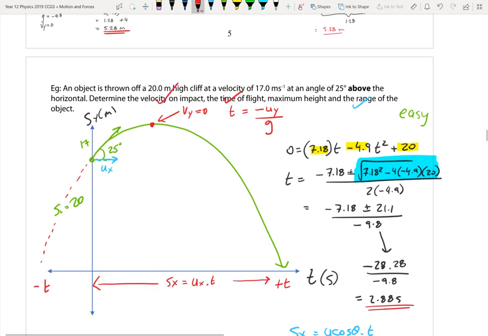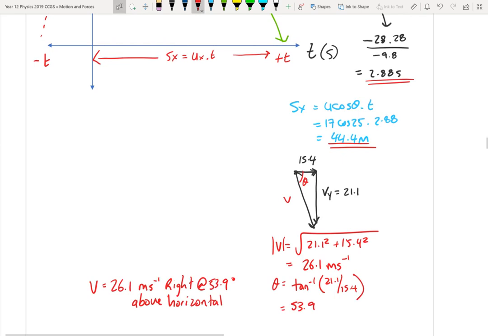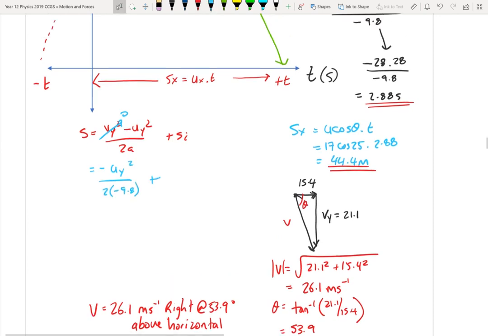And lastly, the maximum height. Well, I'm going to just go S equals Vy squared minus Uy squared over 2A plus S initial. Set that term to 0, and we get negative Uy squared on 2 lots of negative 9.8 plus our 20.